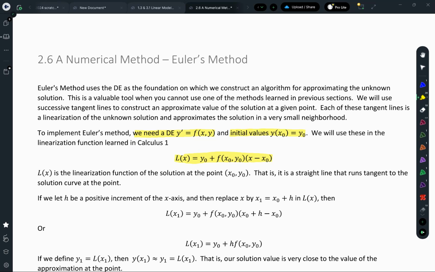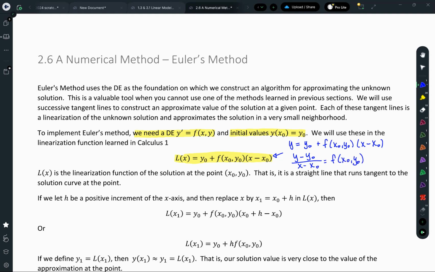And the idea here, like where this came from, is if we work backwards from this, and we remember that L of x is just some other y value, then if I rewrite it as y equals y naught plus f of x naught, y naught times x minus x naught, and then I subtract the y naught and divide both sides by x minus x naught, then we get y minus y naught over x minus x naught is equal to f of x naught, y naught.